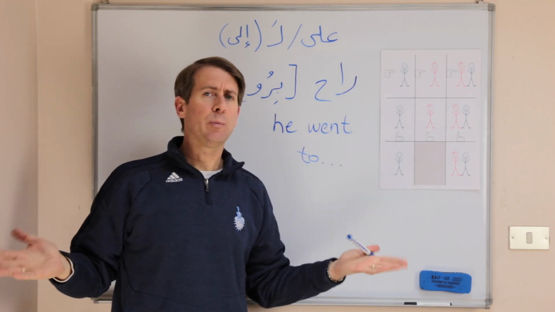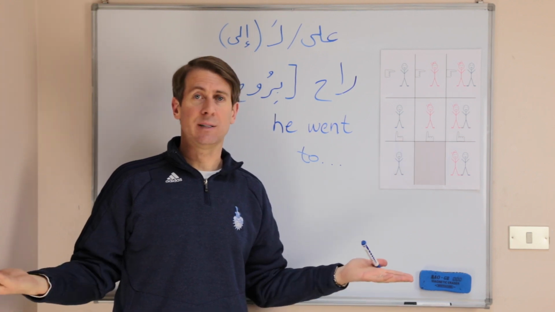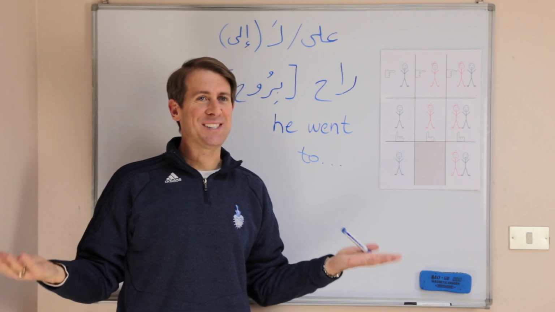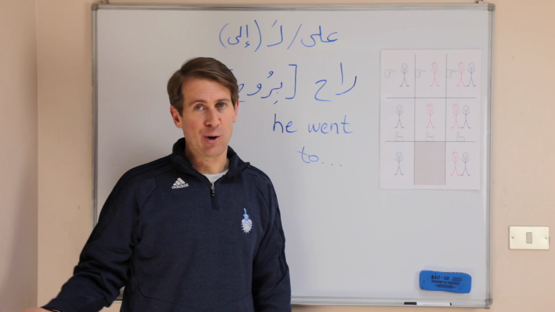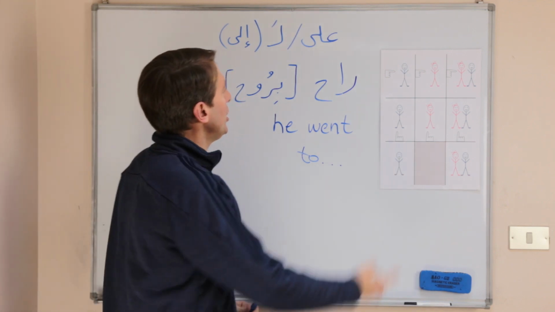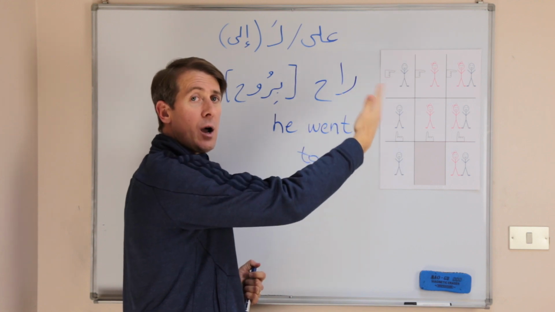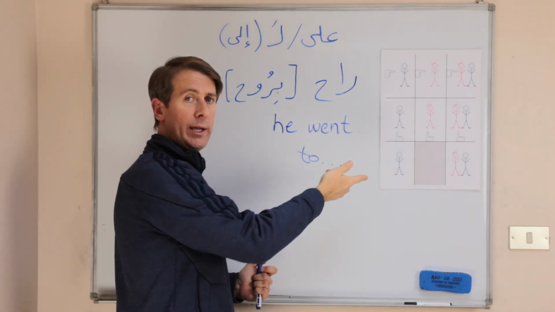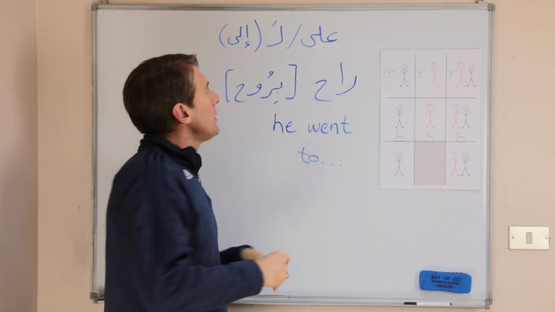For example, supermarket. Supermarket in Arabic is basically the same as in English, but their idea of supermarket isn't our idea of supermarket. It could actually be a convenience store, they call it a supermarket. So you'd say raaH ala supermarket, or raaH la supermarket.